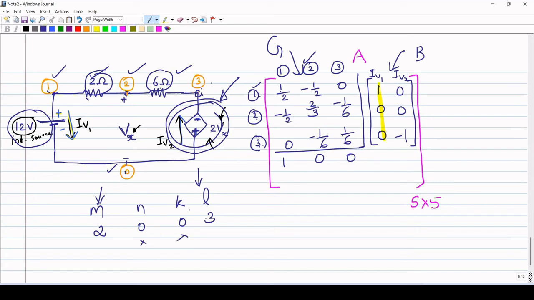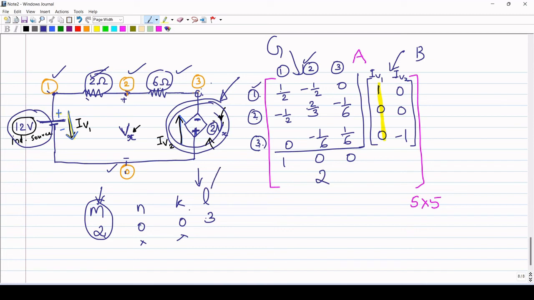So M is 2, so on the mth column, we have to enter the value of this parameter. The mth node is the second node, so on the second column you will have this parameter a.